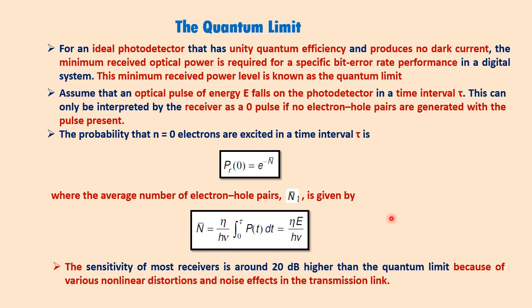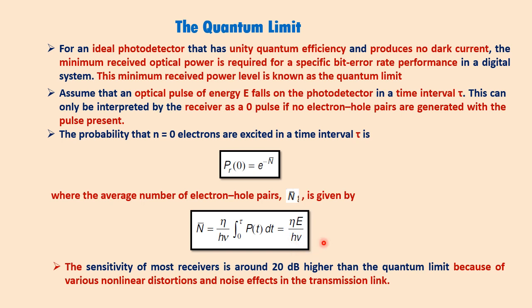So we can write the probability that n equal to 0 electrons are excited in a time interval tau as Pr of 0 is equal to e power minus n bar, where n bar is the average number of electron hole pairs generated. From this, the average number of electron hole pairs generated is n bar equal to eta E by h nu, where eta is the quantum efficiency, E is the energy level, and h nu is the photon energy h into nu.